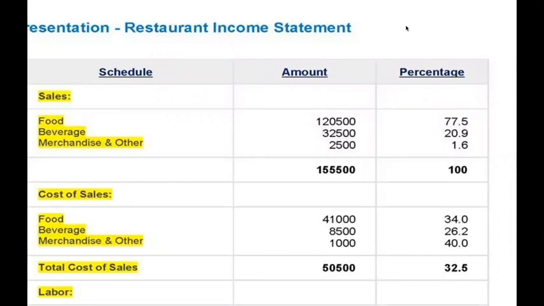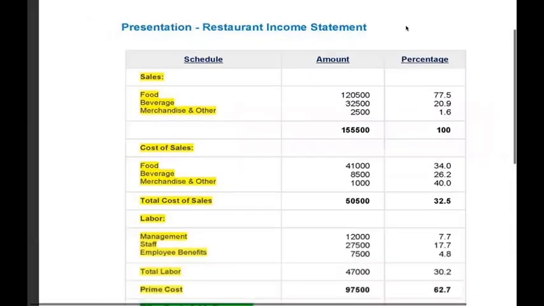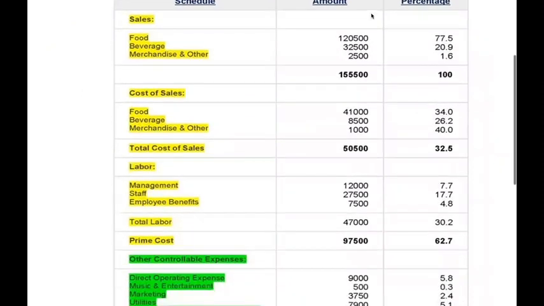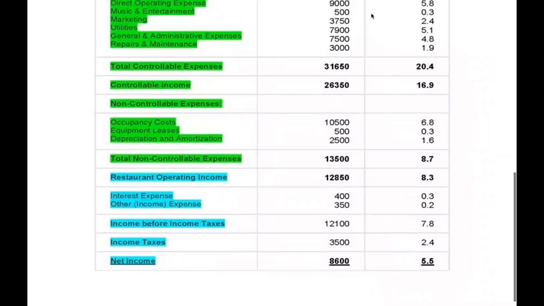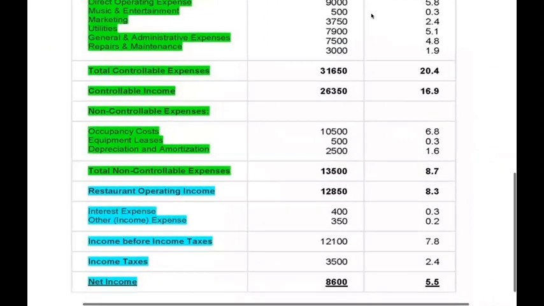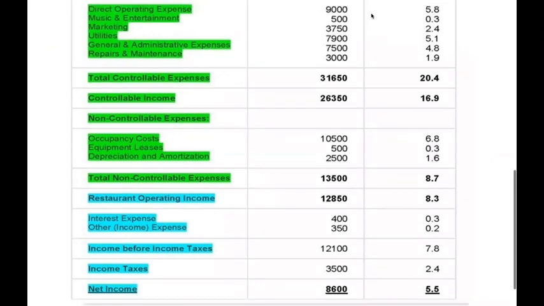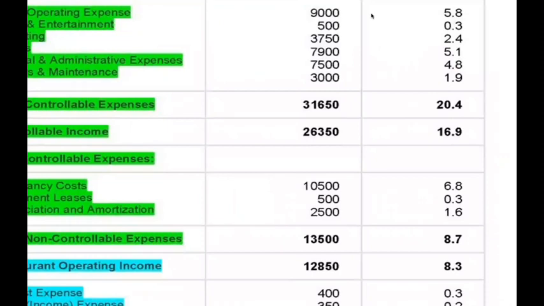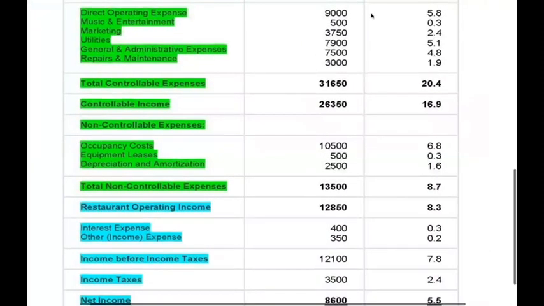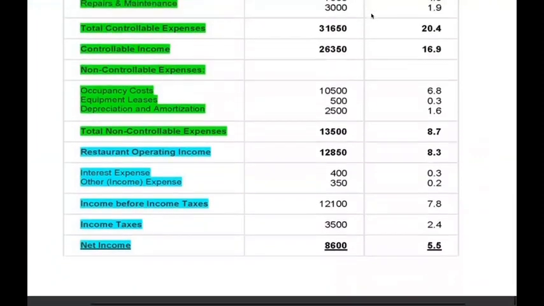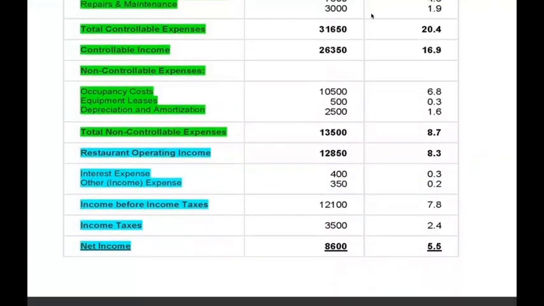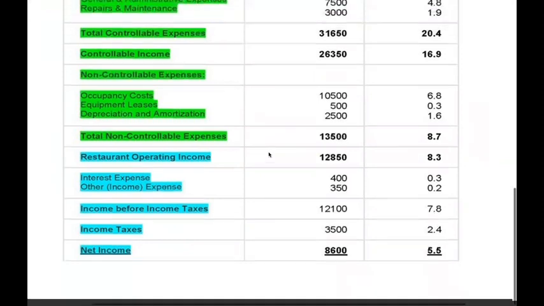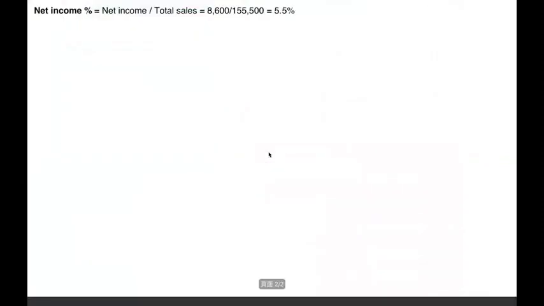Hello, everyone. So I will finish the rest of the income statement. Let's go to restaurant operating income. What is restaurant operating income? It is controllable income less non-controllable expenses. Our controllable income is 26,350 and our total non-controllable expenses are 13,500.